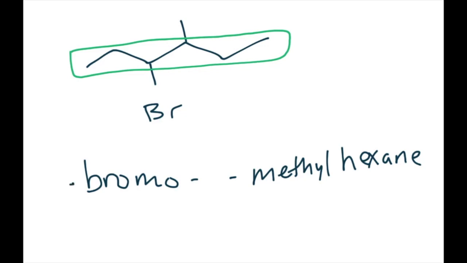Now do I want to number orange or do I want to number blue? Blue. So this will be 3 and 4. No matter which direction I number, the two numbers I get are 3 and 4. But now we say, whichever one comes first alphabetically is going to get the lowest number. So bromo comes first alphabetically, so it's going to be 3, 4. So 3-bromo, 4-methyl hexane.